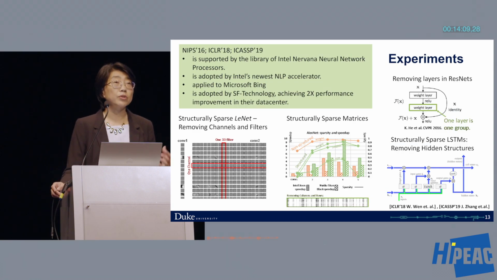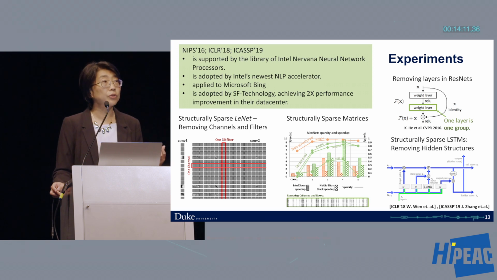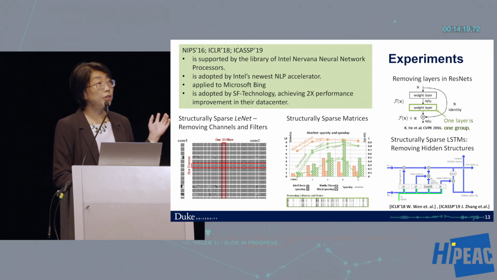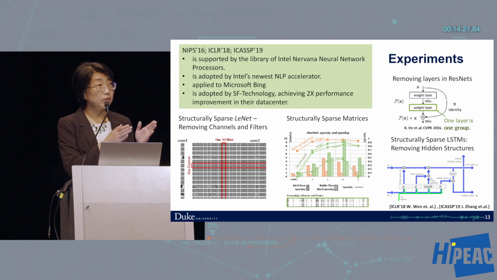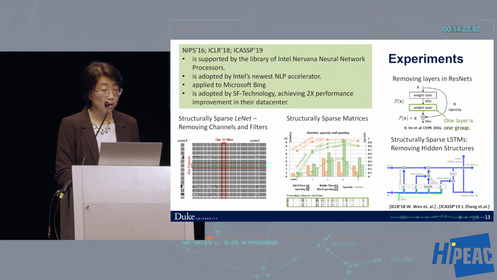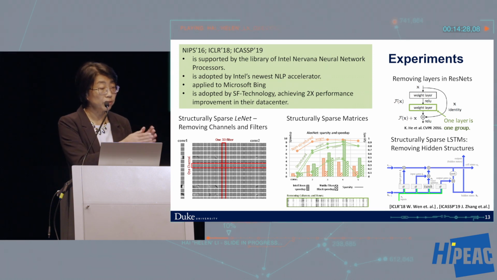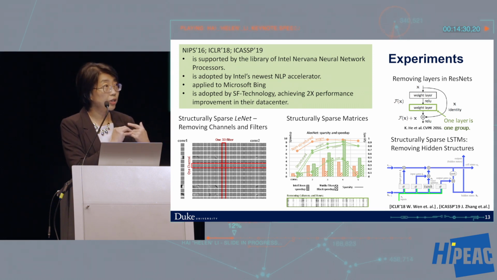I mentioned we actually started this work many years ago, in 2016. We started with a smaller network like LeNet. The illustration here shows that because the network is so small, we can clearly see that we can remove entire 3D filters or entire channels.